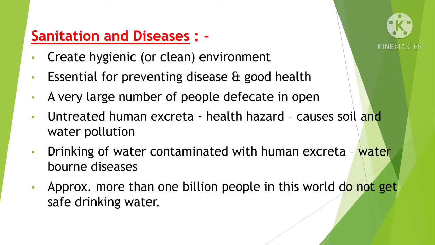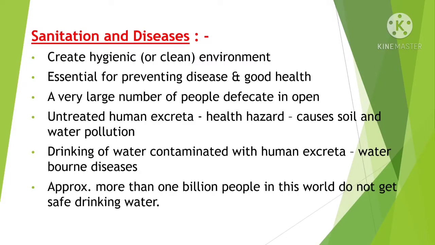Due to this, a very large number of our people defecate in the open, in fields, near railway tracks or dry river beds, and many times directly in the water bodies like ponds, lakes, rivers, etc. So they don't have the sewerage system. That's why sometimes the people go for excretion in the open areas.